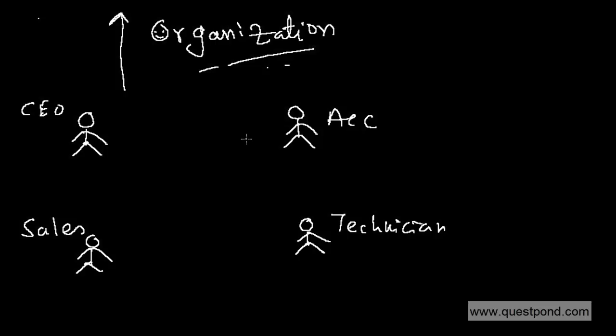Now, as per the roles of each of these persons, they would be generating data. For example, the accountant must be maintaining all of their data in an Excel sheet. So all the balance sheets and day-to-day journal entries are entered into Excel sheets. The salesperson will be maintaining presentations in PowerPoint, in PPT files. The technical person would be documenting lots of technical details in a Word document, right?